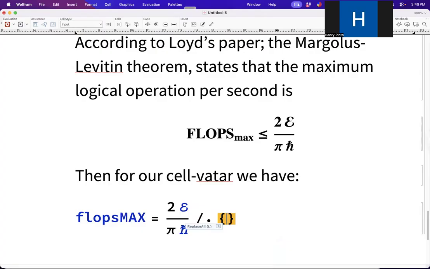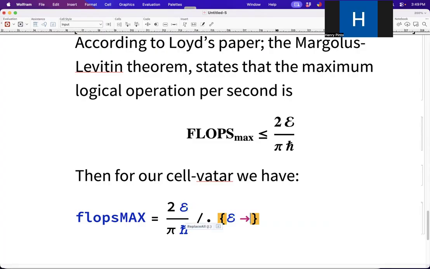Now, since this is floating point operations, the flops max per second will be, if we divide this E by T, the power. So instead I'm going to put the power.